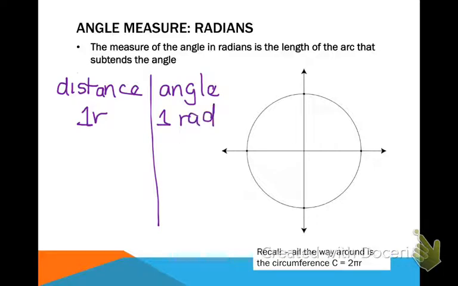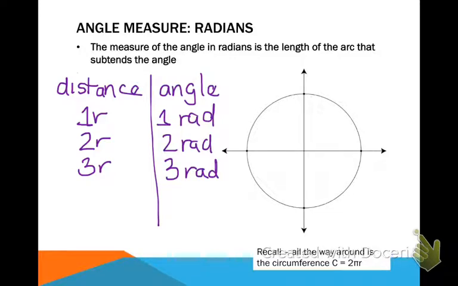If you walk a distance of 2 times the radius, you've created an angle of 2 radians. 3 times the radius in distance around the outside of the circle, you've created a central angle of 3 radians.